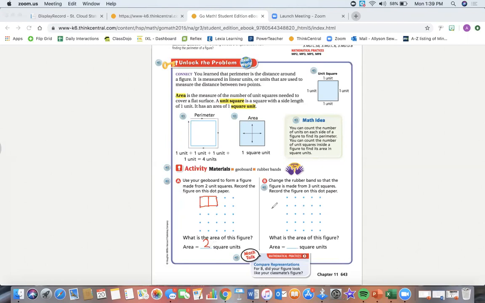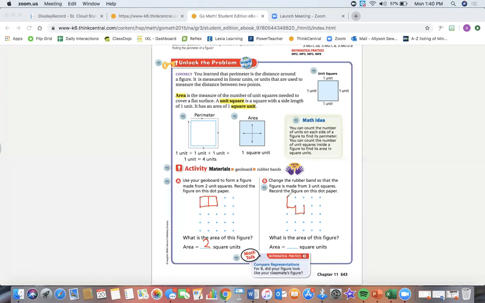All right, now it says change the rubber band so that the figure is made from 3 square units. So now I need to make some kind of shape that is 3 square units. So let's say I had a square here. I think of it as this shape that I made, this rectangle, but just extending it so it has 1 more square unit.